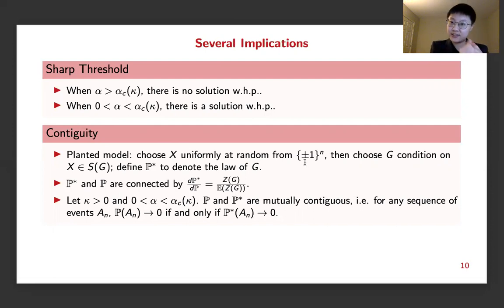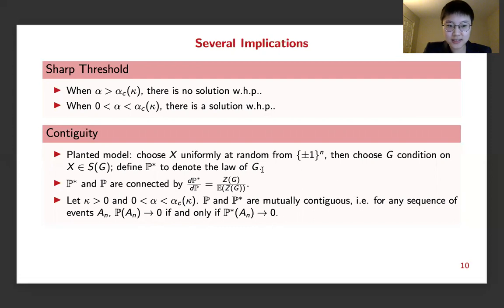First choose a solution uniformly at random, and then choose your matrix G conditioned on X being one of the solutions, conditioned on X belonging to this set S of G. Then we define P star to be the law of G. So that's the planted model. The original model, or the random model, is where you directly choose your random matrix G. And the planted model is where you start from a planted solution and then go to your matrix.